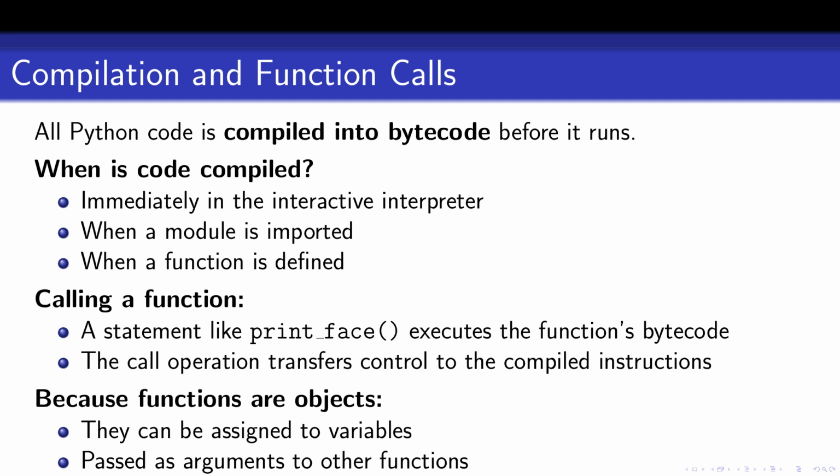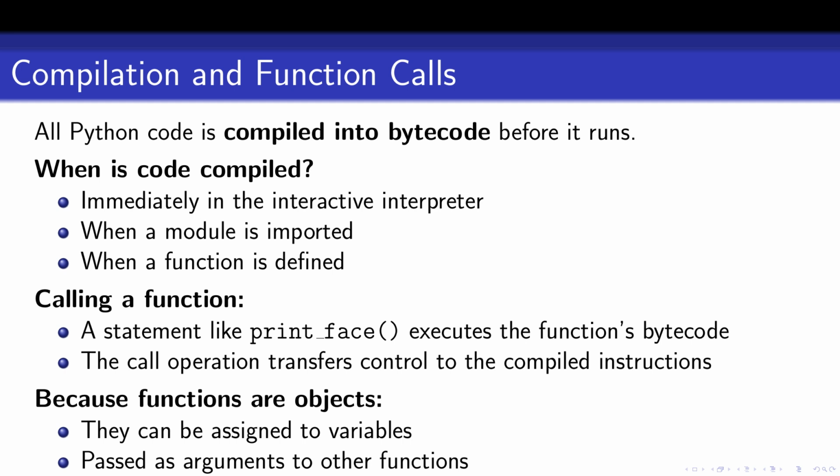Python compiles code into bytecode before executing it. This process happens automatically when a function is defined, when a module is imported, or when you enter code in the interpreter. When you call a function, like printface, Python transfers control to that function's compiled bytecode and executes it.